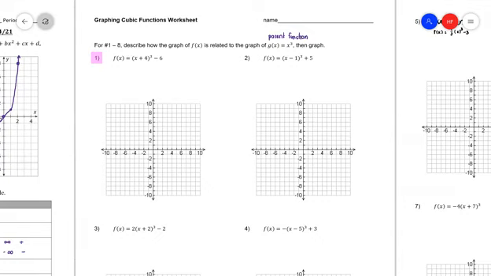So just like our transformations on a quadratic or on a radical function, what goes on inside is the opposite, and what goes on the outside is as is. So plus 4 means we're taking those points and having a horizontal shift to the left.